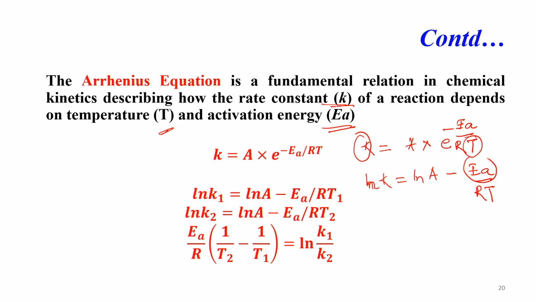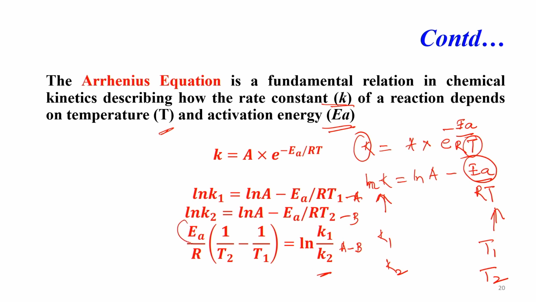If I want to calculate Ea, one approach is to know the value of rate and temperature. If you perform the experiment at two different temperatures, T1 and T2, you are going to have two rates, k1 and k2, as mentioned here, equation A and equation B. If you subtract equation A minus B, we end up with Ea upon R times (1 upon T2 minus 1 upon T1) equals ln k1 upon k2.